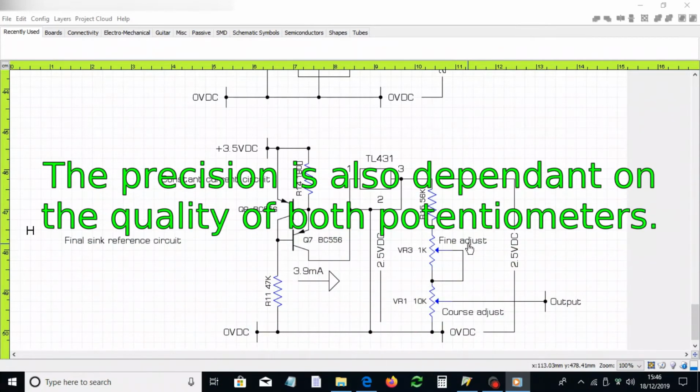Because this circuit is precision, perhaps in a small way, but nevertheless precision, it's nice to have this sort of vernier attached to this adjustment. As far as the reference is concerned, that's about it. All I've got to do now is implement it on my proto board and see how it works.